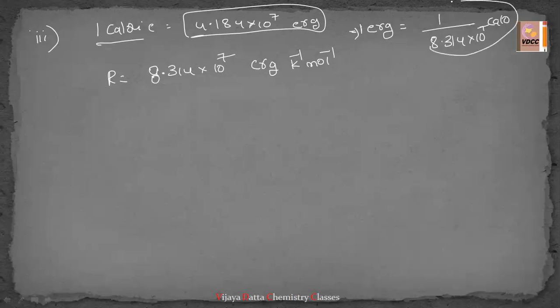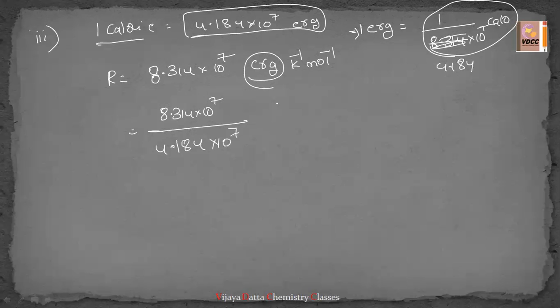So I want to substitute that value here. 8.314 into 10 to the power of 7, and in the erg place I am writing 1 by 4.184 into 10 to the power of 7 calorie, Kelvin inverse mole inverse.